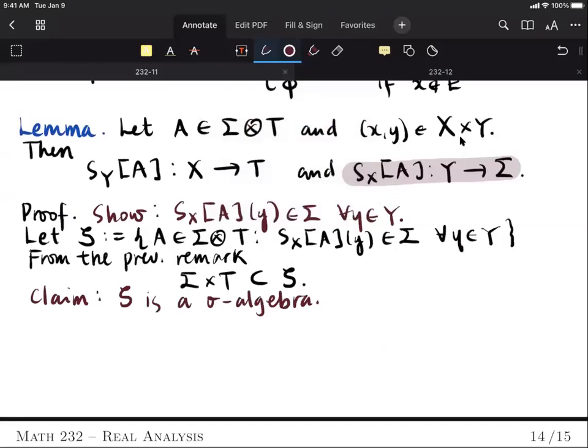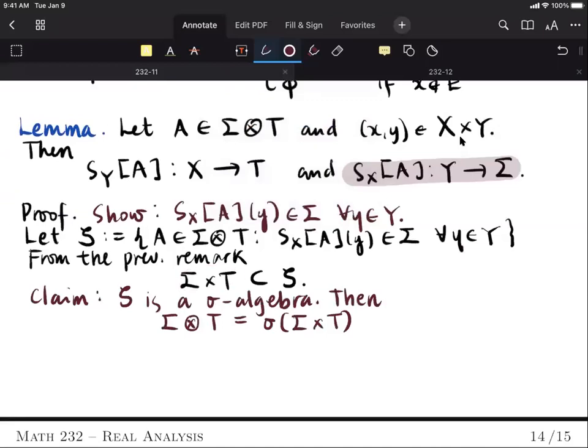If this claim is valid, then we know that the product sigma algebra is the sigma algebra generated by the Cartesian products, and S is a sigma algebra that contains these.